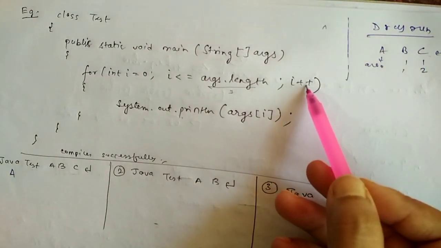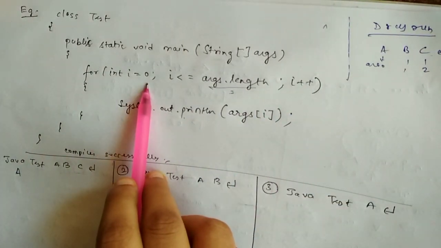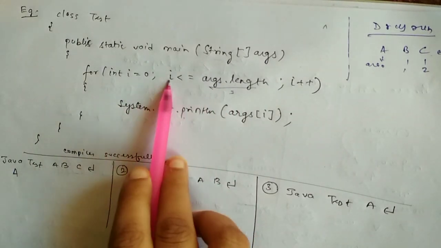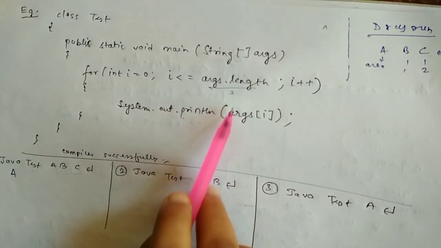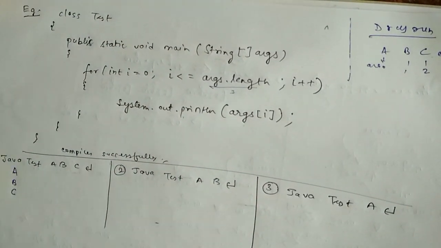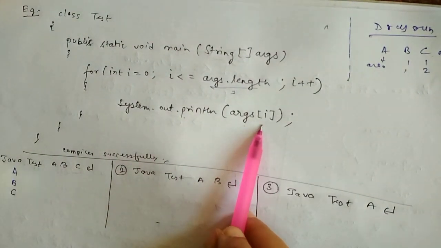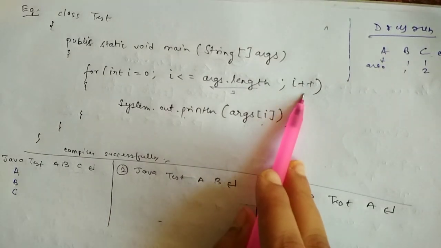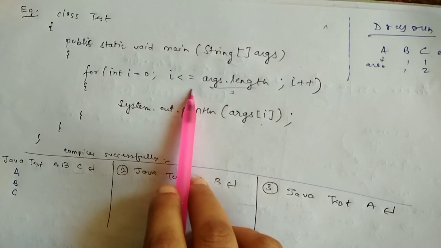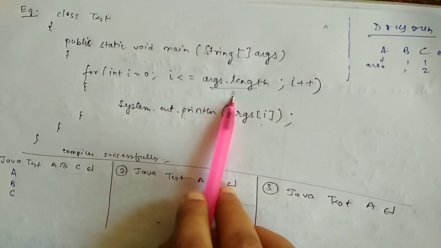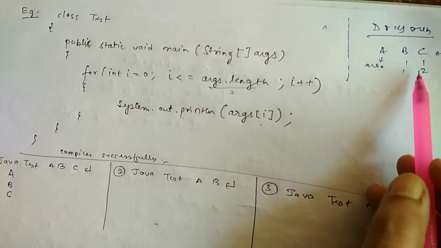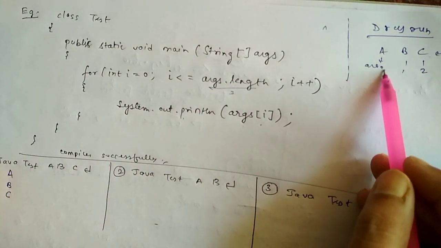Similarly, i plus plus, the i value increases from 0 to 1, and then the condition verifies 1 is less than equal to 3. We will enter here and then we will print B. And similarly C. And in the third case where i is equal to 2, when the value increases to 3 and it comes here, i is less than equal to 3, the condition is true, that is 3 is equal to 3, and the args values are only 0, 1 and 2.